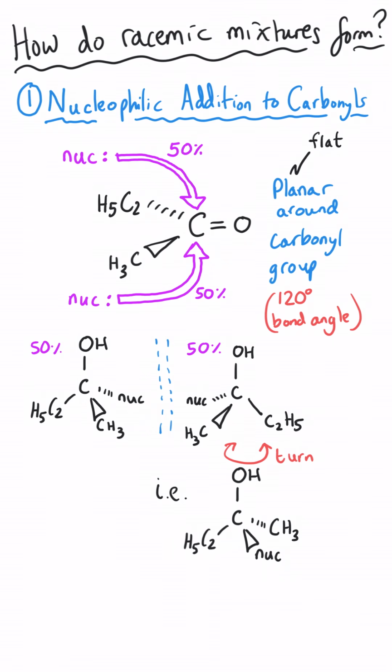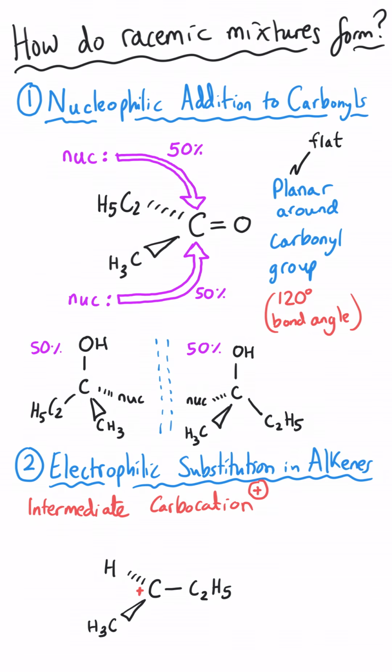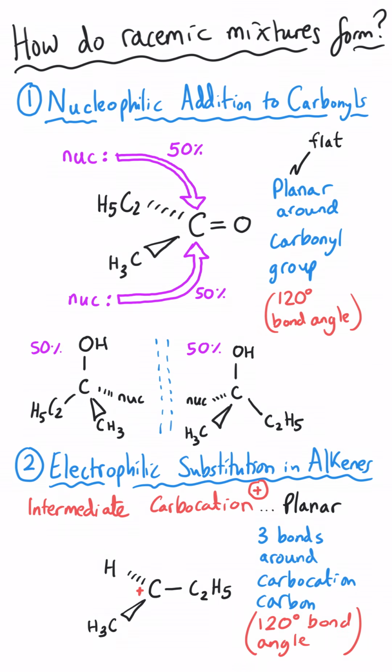The other example is in electrophilic addition to alkenes. If we focus on the intermediate stage, where we have a carbocation, what we've actually got is a carbon atom with 3 groups around it that is positively charged. These 3 groups around the carbocation will again be planar with a 120 degree angle between them. We're only talking about the carbon of the carbocation, not the rest of the molecule.